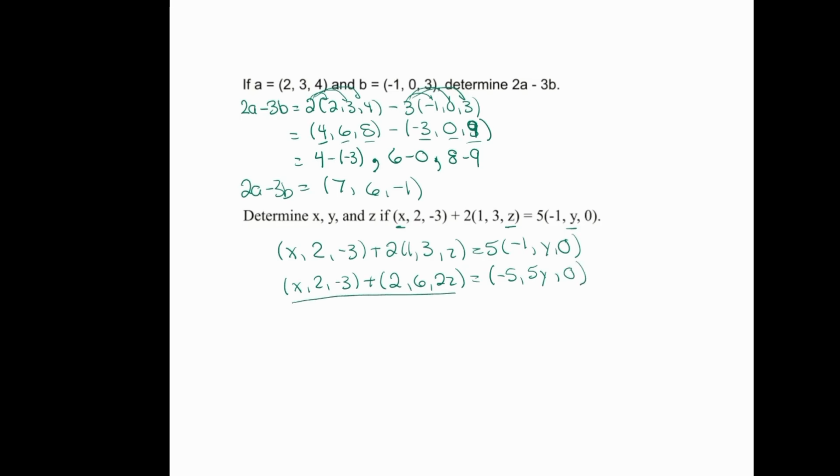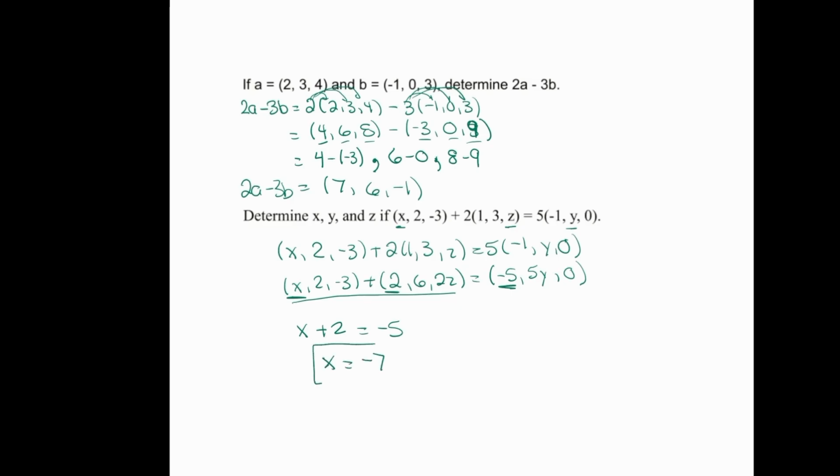Now we can just set it up as algebra and solve for what we know. So I know that x plus 2, so I'm using my x values, x plus 2 must be equal to negative 5. Well, now it's just straightforward grade 9 algebra. If x plus 2 equals negative 5, then x must equal negative 7.